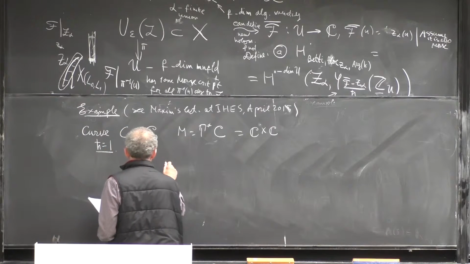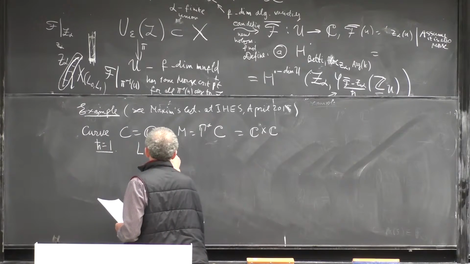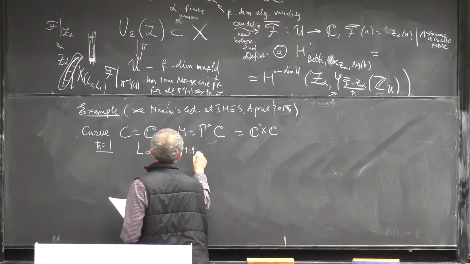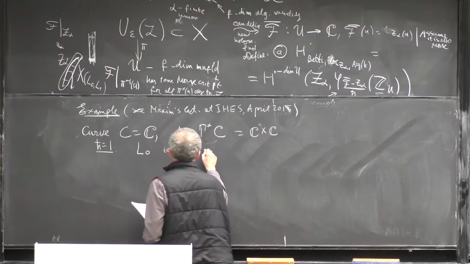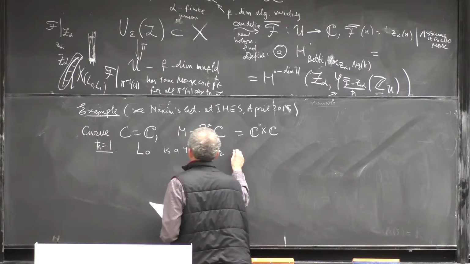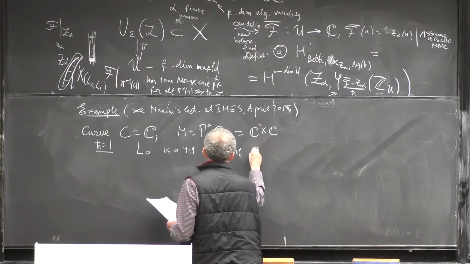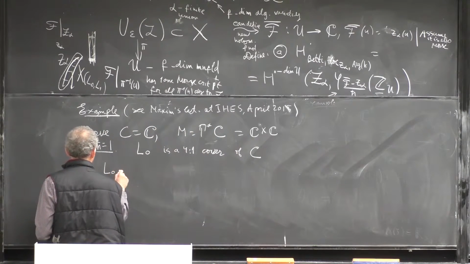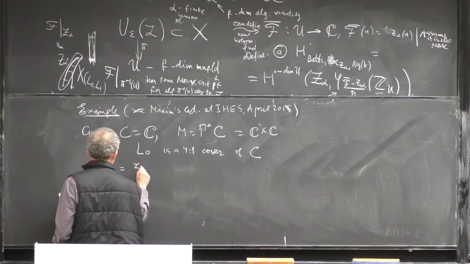And L0 is a 4-to-1 ramified cover of the base C. So it's explicitly given by the map.